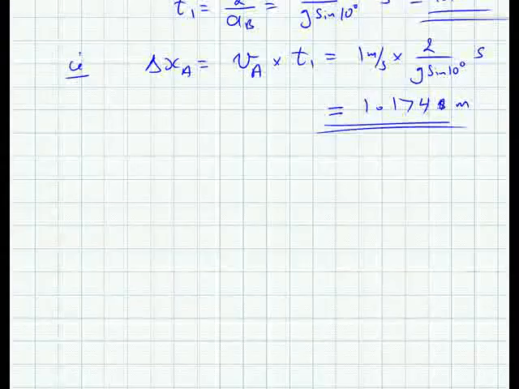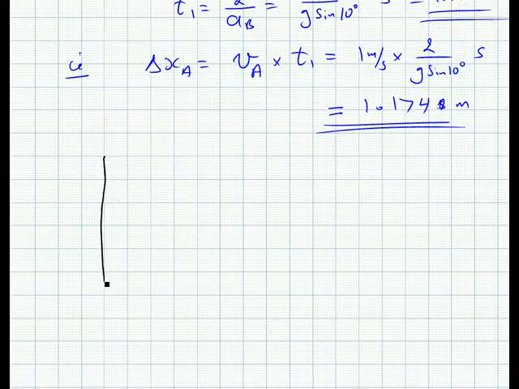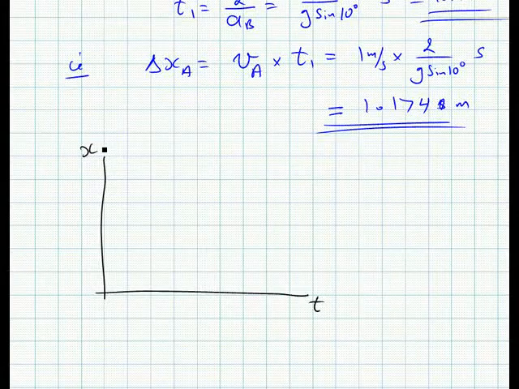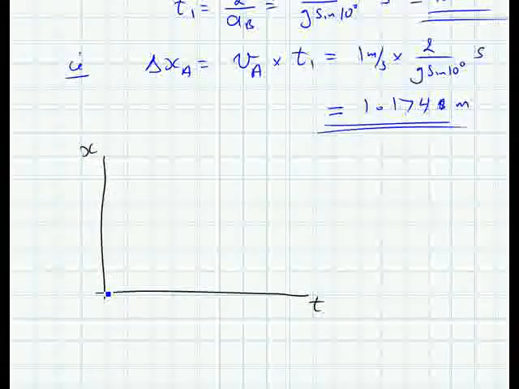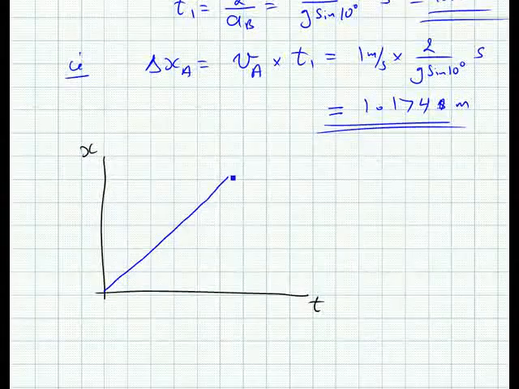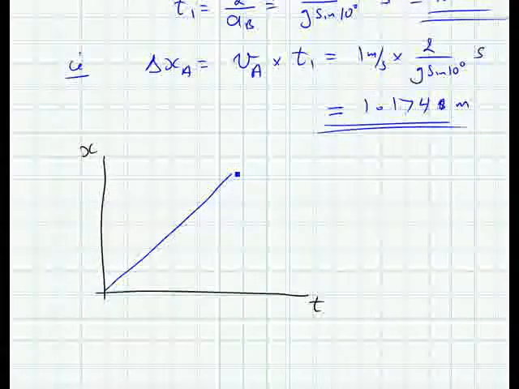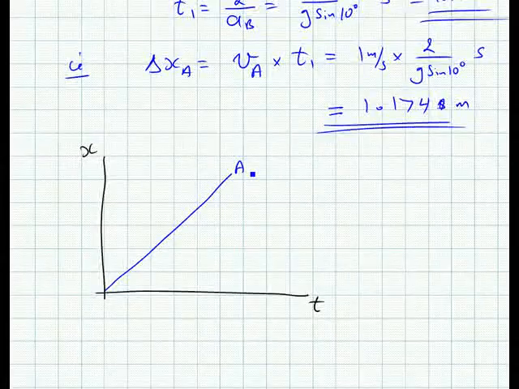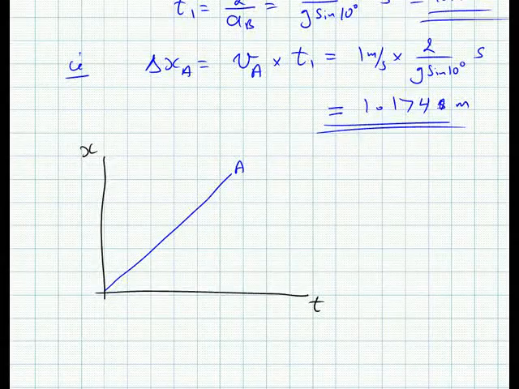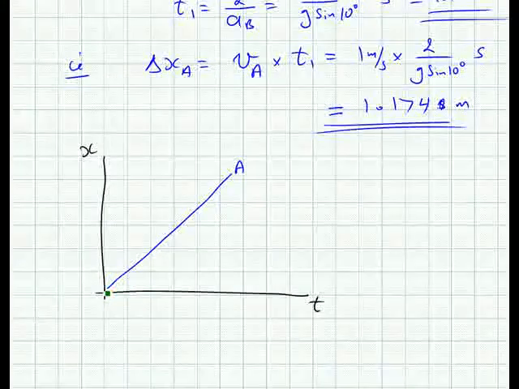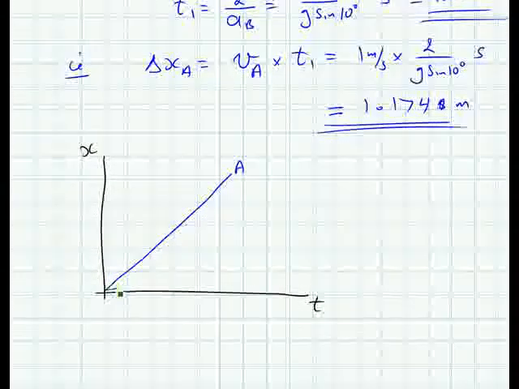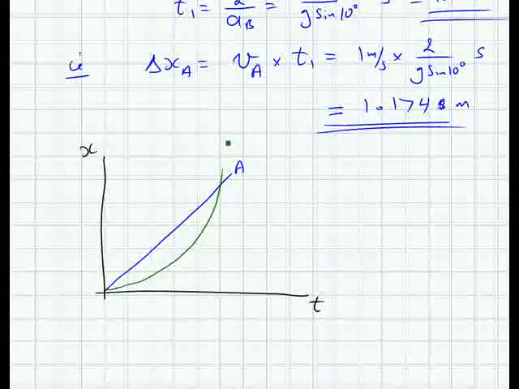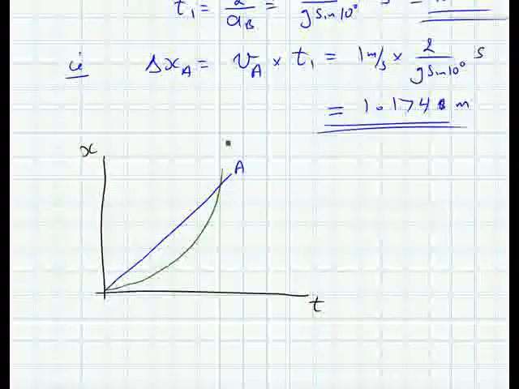If you were to plot displacement versus time for ball A, we would have a linear slope like this. Why? Because we know ball A has a constant velocity of 1 meters per second, which is a straight line. Now ball B, which I'll show in green, will start at 0, so it's a flat line, and it speeds up and eventually catches up.